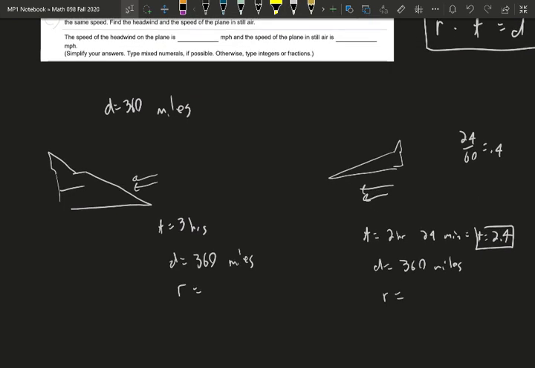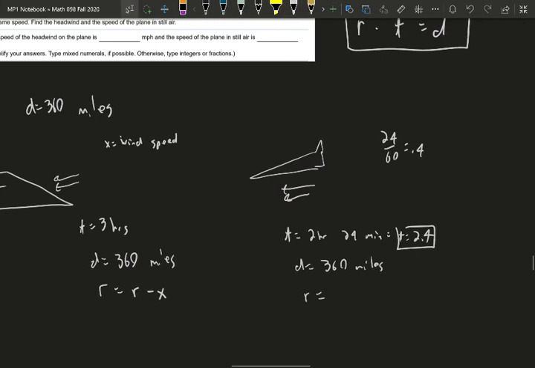In the first case, we have something pushing against it, so it's going to be a lower rate because we have wind pushing against it. So it's R minus X, where X equals the wind speed.